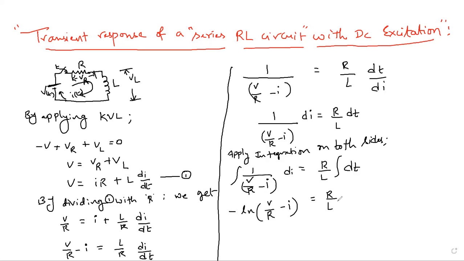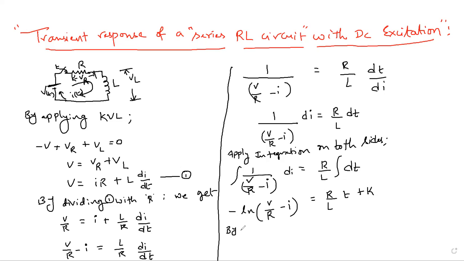that equals R by L into what is the integral of dt? T. T, right? T plus, is this a definite integration or indefinite integration? Indefinite. Right, so we shall write the integration constant k. Now how to find this k value?